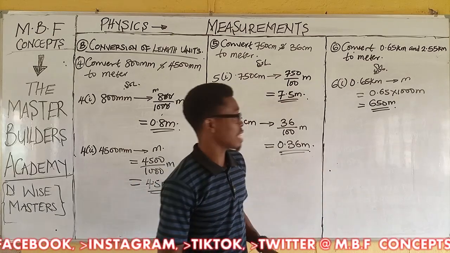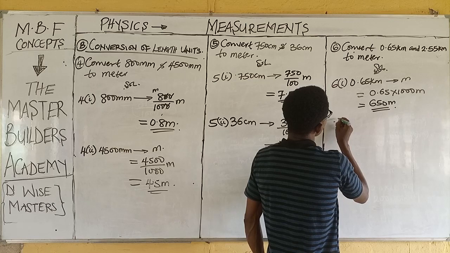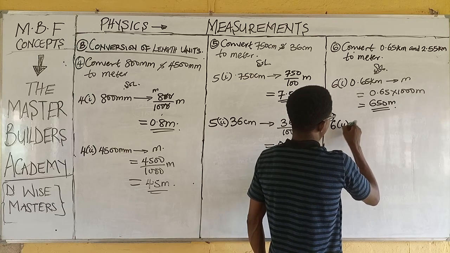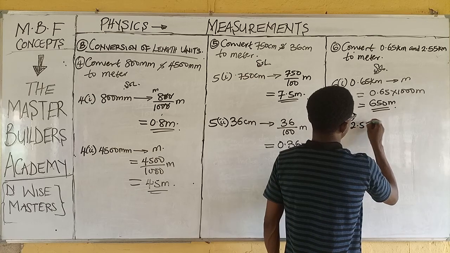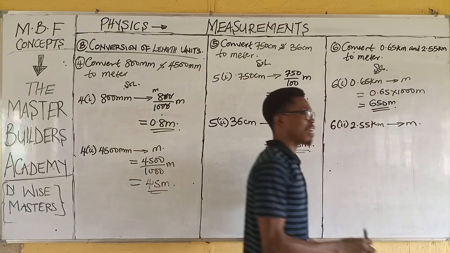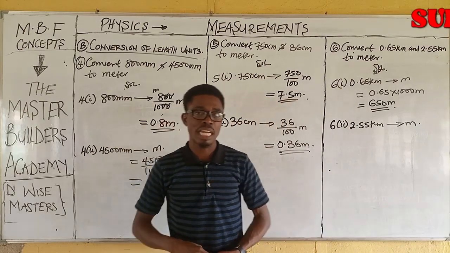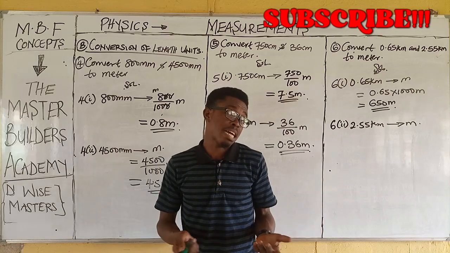Now, let's look at the last case. Then we have 6 II. Now we are asked to convert 2.55 kilometer also to meter. Of course, we are converting from a higher unit to a smaller unit. And anytime you convert from a higher unit to a smaller unit, you simply multiply.